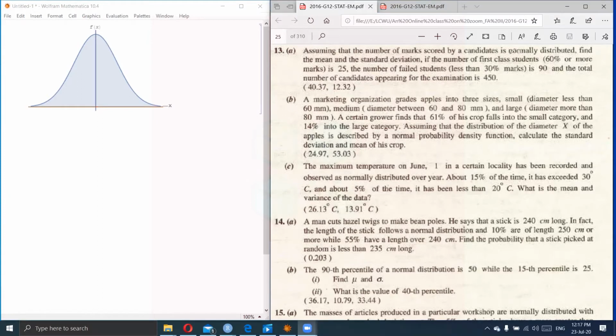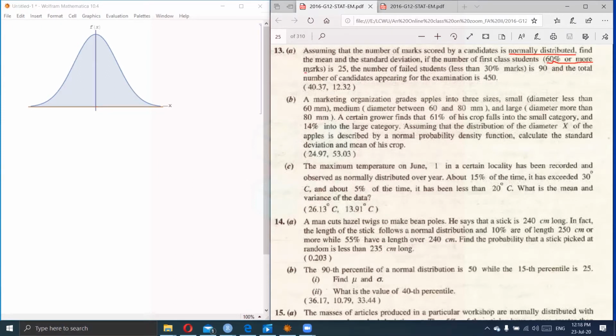So the random variable is normally distributed. Underline the word normally distributed. The number of first class students, 60% or more. So we also underline this, 60% or more marks.